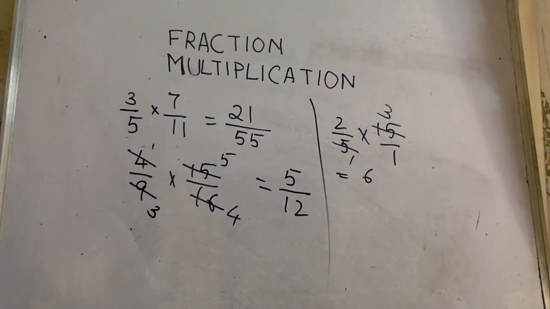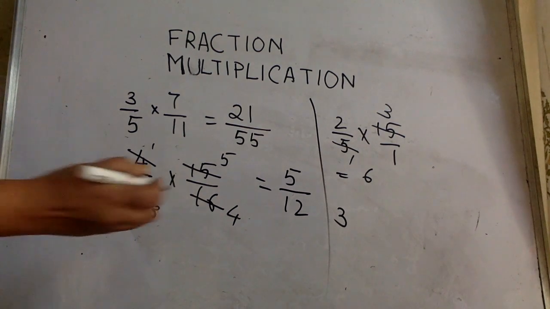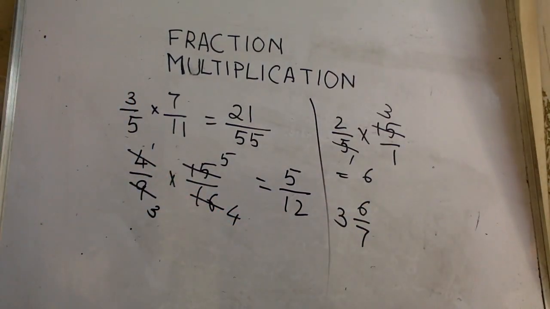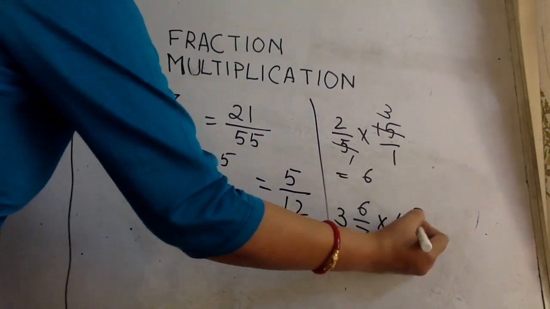Okay. Now let's take another question where we will have a mixed fraction with a mixed fraction. So we will have 3 6 by 7 into 4 2 by 3.